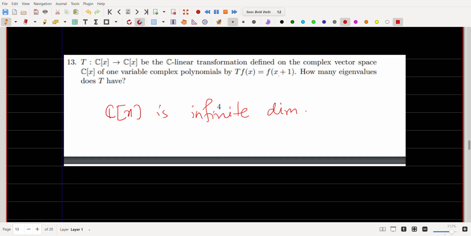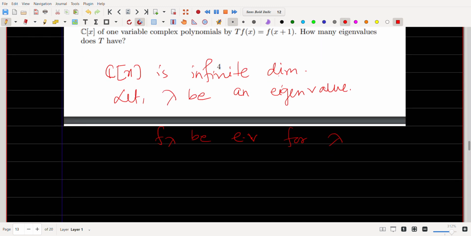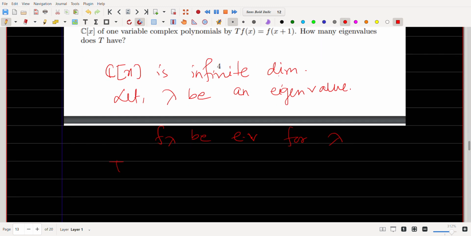So what we can do is, if it has an eigenvalue, then let lambda be an eigenvalue, and let f lambda be an eigenvector for lambda.